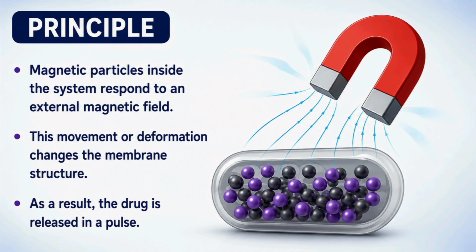Once the membrane opens, the drug comes out quickly. After removing the magnetic field, the membrane closes again and drug release stops. So the principle is very simple: magnetic field, particle movement, membrane opens, and the drug is released. Okay, so this is the simple principle.